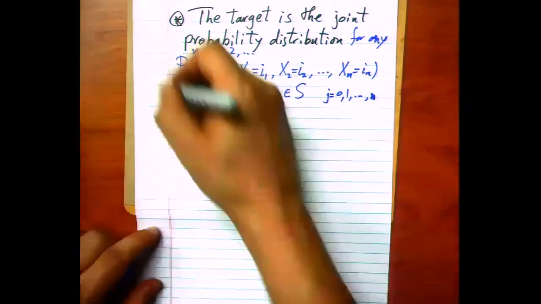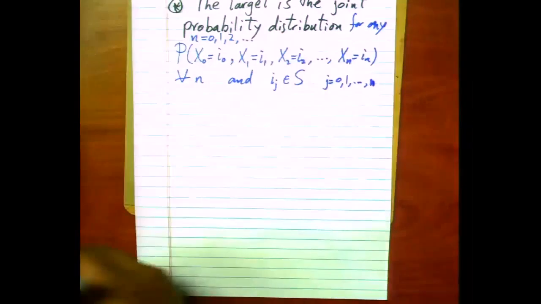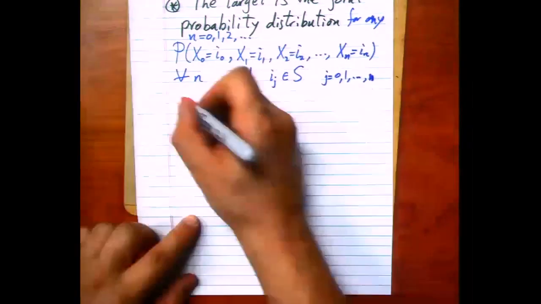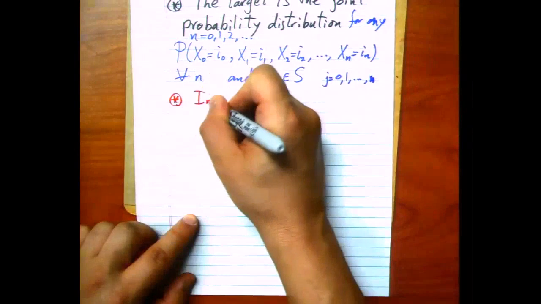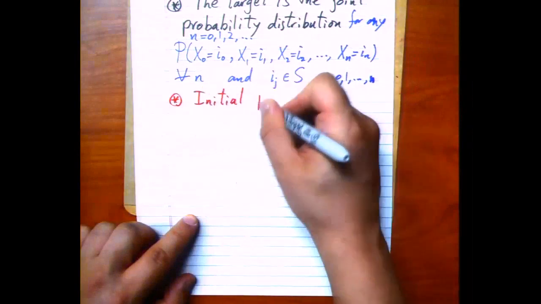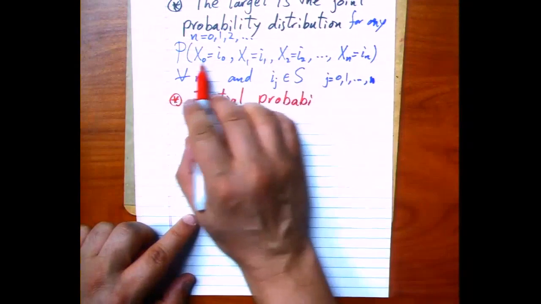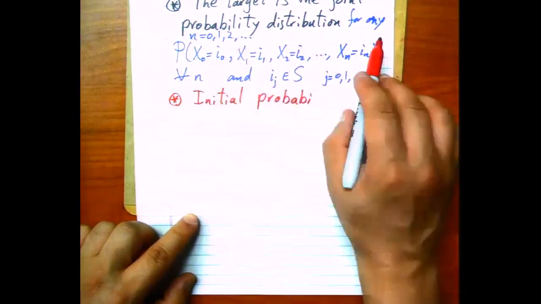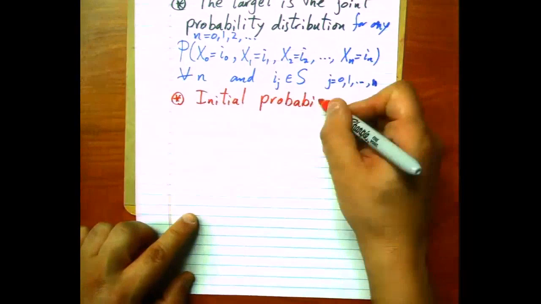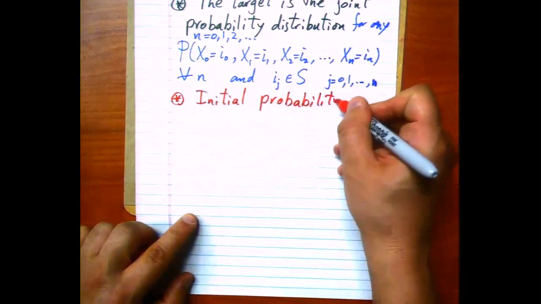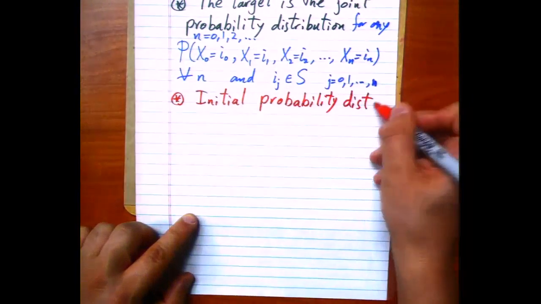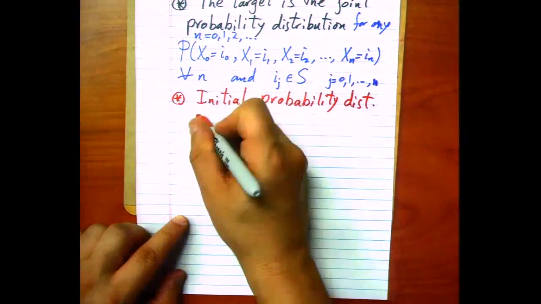Before we address the main target, let's talk about the initial probability distribution. Why the initial? Because, again, where the process starts is going to influence where it goes. Let's call it phi0.